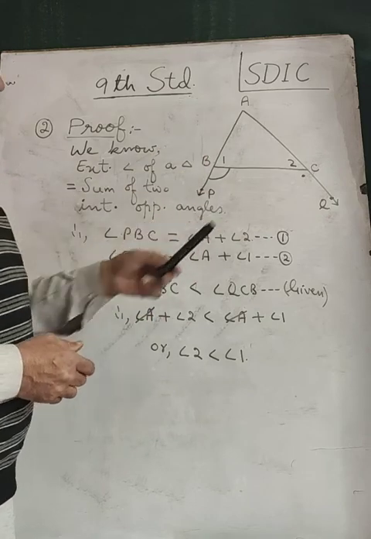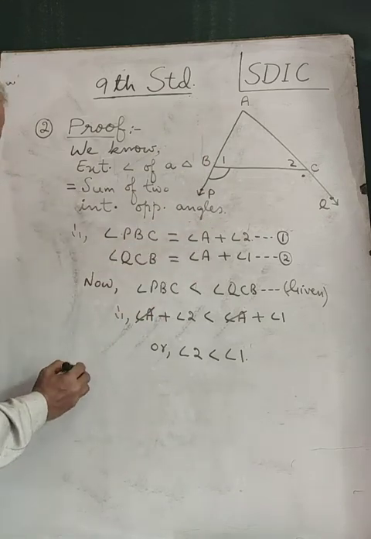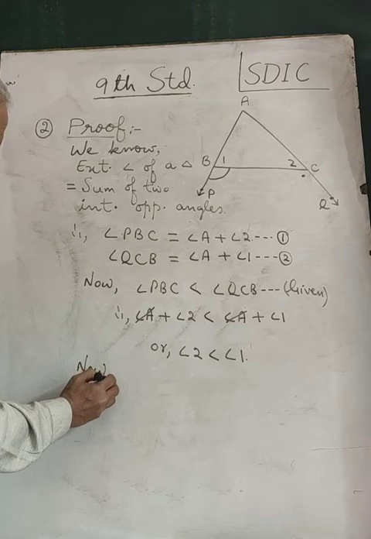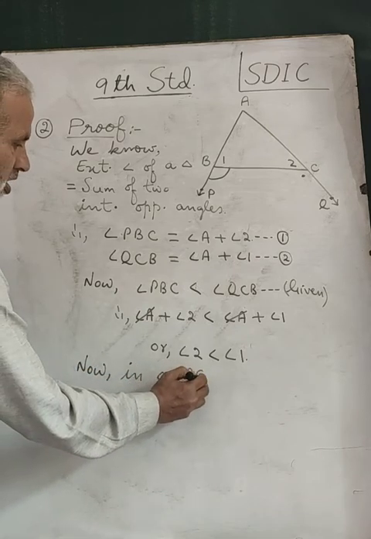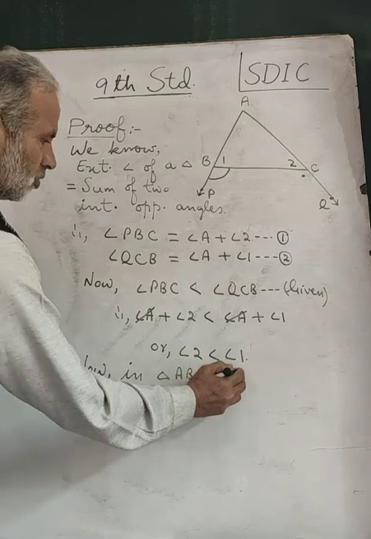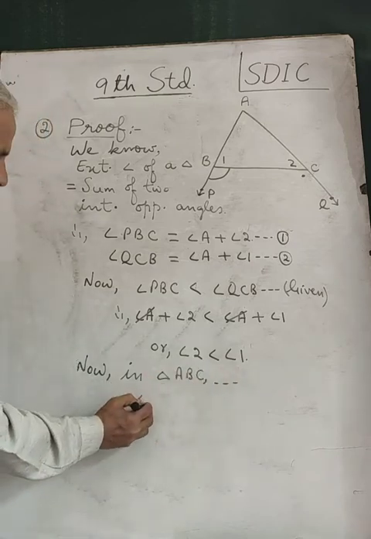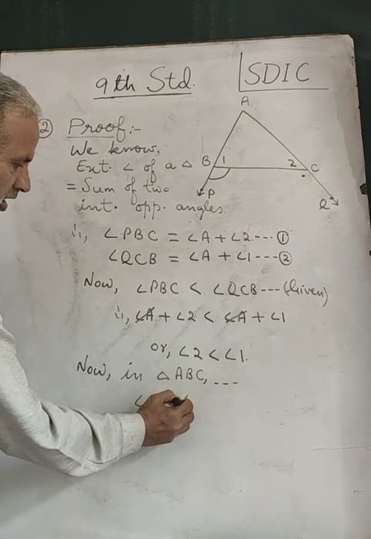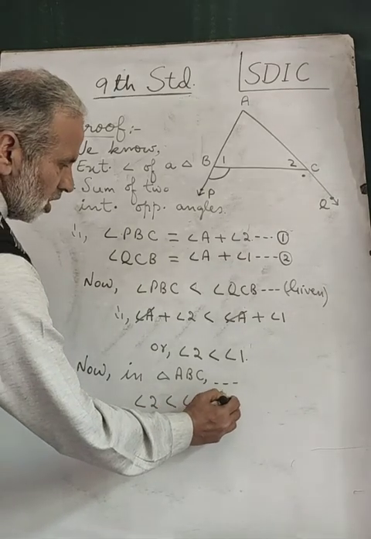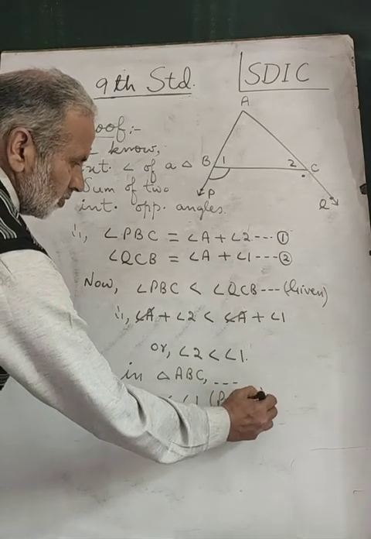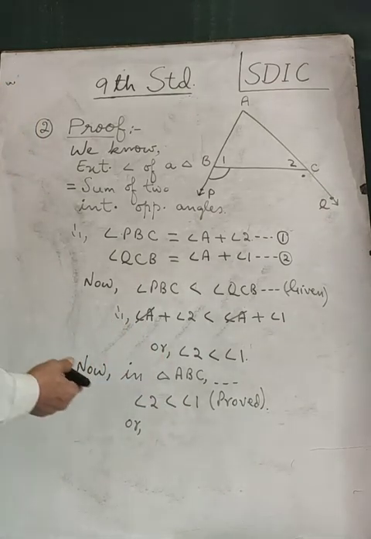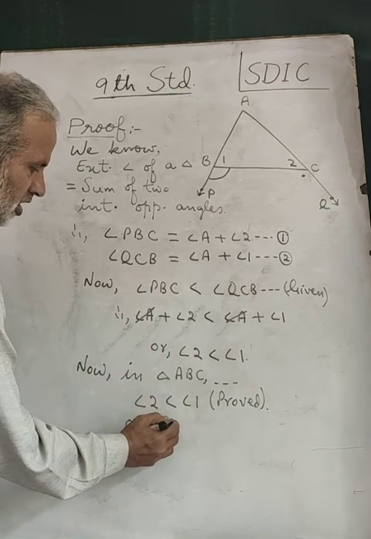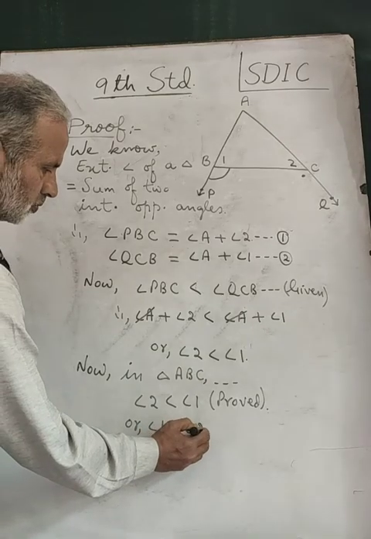We'll now choose this triangle. You write now: in triangle ABC we have angle 2 is smaller than angle 1. We proved it just now. Which will mean, when we reverse the order, angle 1 is larger than angle 2.